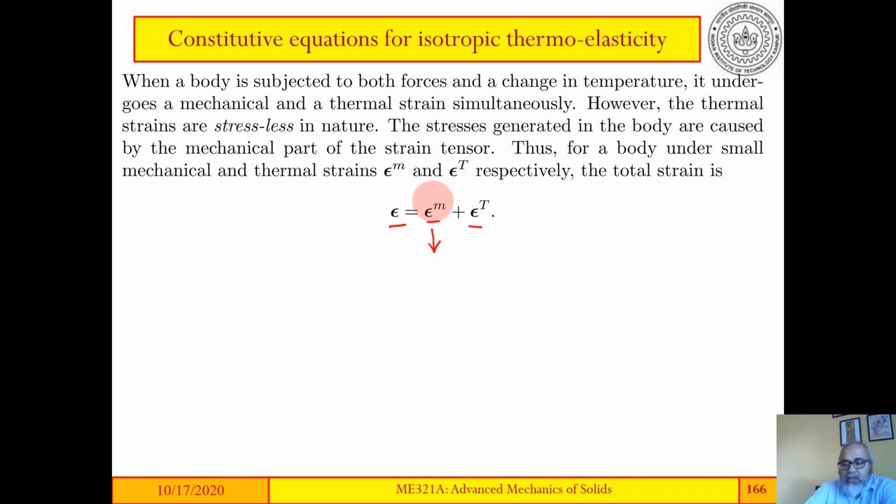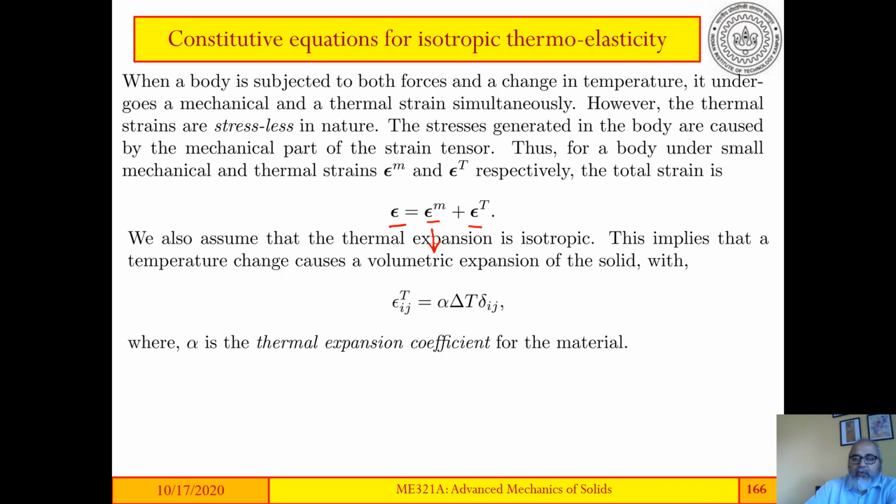And if we assume that this is an isotropic material, so the coefficient of thermal expansion is exactly the same in the three directions, and heating causes just a volumetric expansion, then we can write epsilon ij thermal, the thermal part of the strain, as the thermal expansion coefficient times delta T, that's the expansion in the material in each direction, times delta ij.